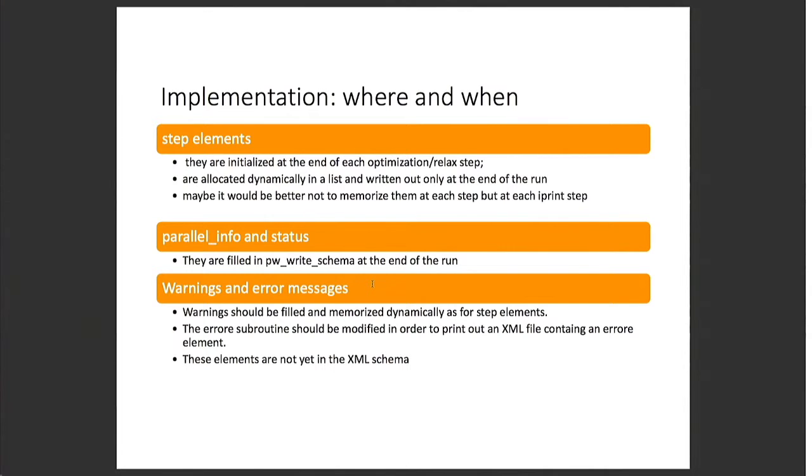A dynamical list of warnings should also be put in the XML file to keep track of the warnings that the program gave. In case the program exits with an error message, the error routine should be modified so that it also prints out an XML element with the error message.